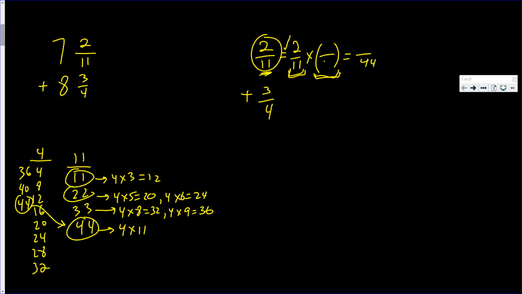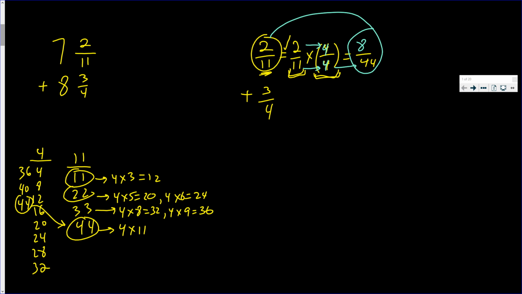And I'm going to write the 1 as 4 over 4 for one reason and one reason only. 11 times 4 is 44. And there's a second reason, because it equals 1. And 2 times 4 is 8. So these two numbers, they don't look the same, but they're equal.